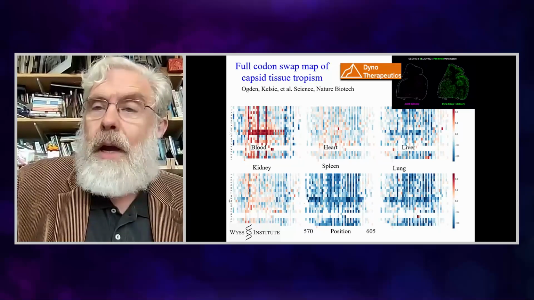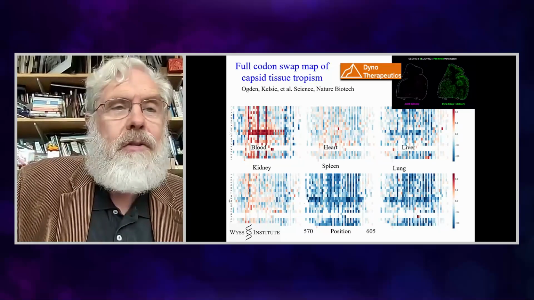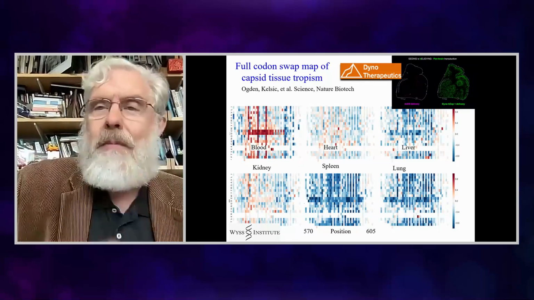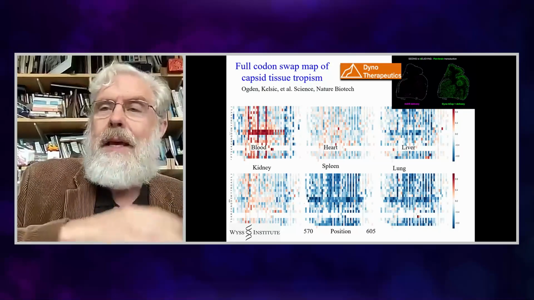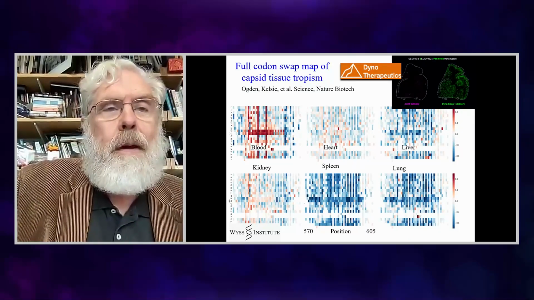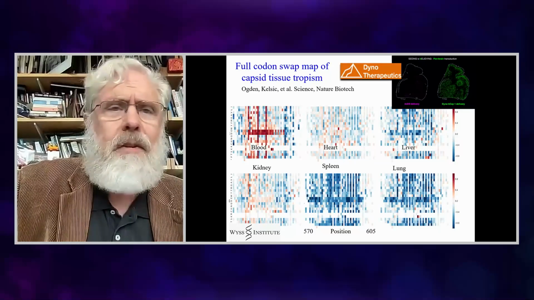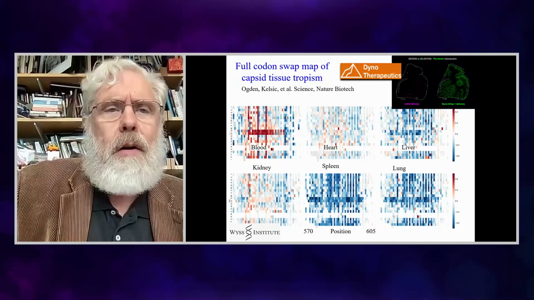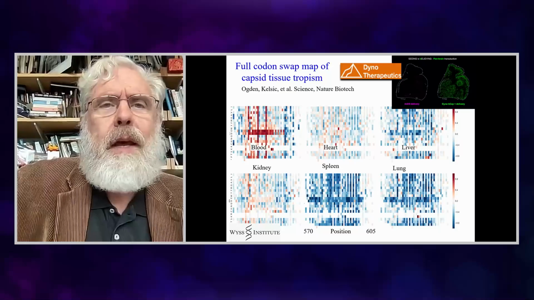And you can see here, red are variations on the virus, where we made every possible substitution, systematically changing every position in the viral capsid. And we found places that are better for blood or heart or liver, and so forth. And here's an example.